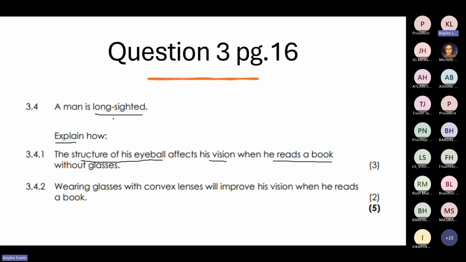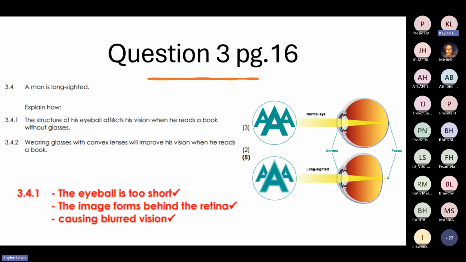So let's look at it. So I've used this diagram here because it's nice to show it. So this guy has the bottom eyeball. So if we look, the eyeball is shorter than this one. So this is a normal eyeball. This one is shorter. So what is happening in a normal person who can see close up? The light rays are going to come together and fall on the retina.